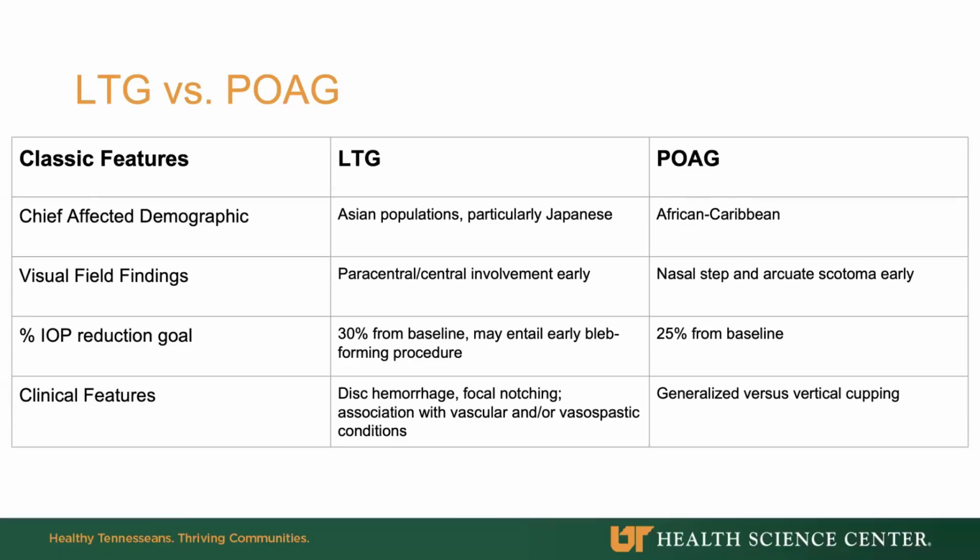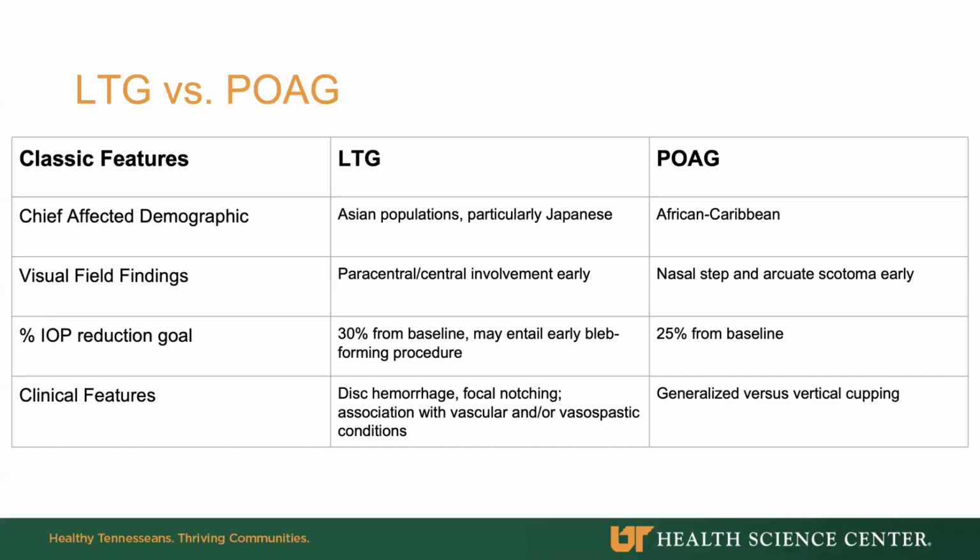Pressure reduction goal in low tension glaucoma, as reviewed multiple times, is a 30% reduction from baseline, according to the Collaborative Normal Tension Glaucoma Study, which may entail early bleb-forming procedures. Other studies in primary open angle glaucoma vary, but what I commonly see is about a 25% reduction from baseline.